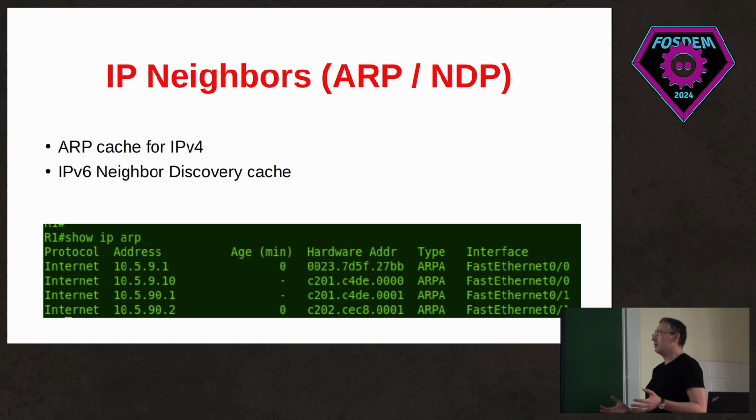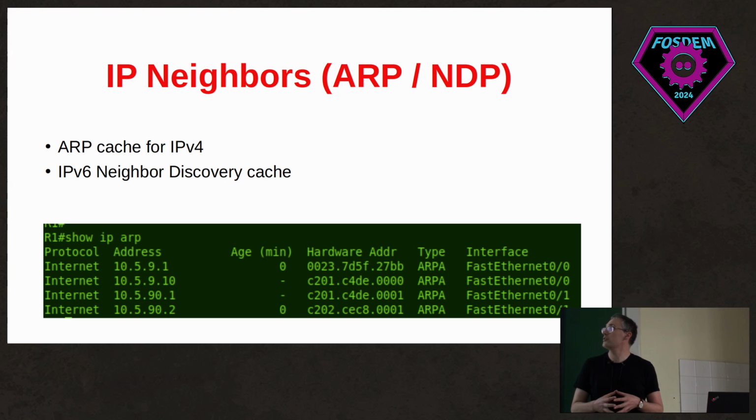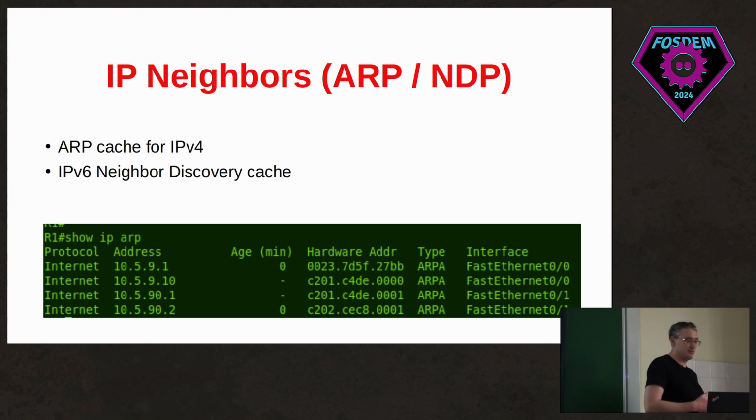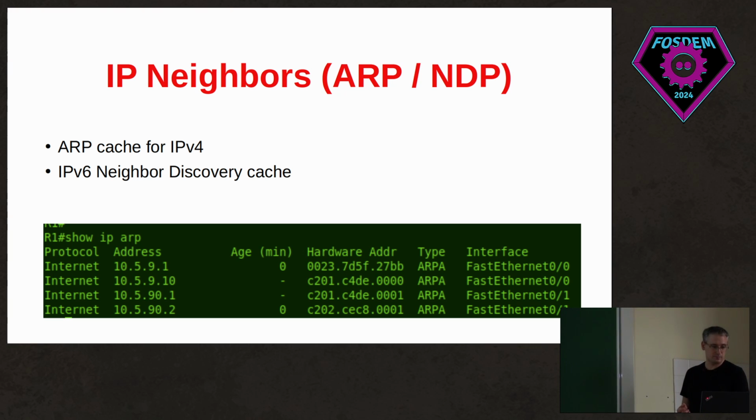For passive discovery, the main source of information is IP neighbors. That will be ARP caches on devices for IP version 4 and neighbor discovery protocol caches for IP version 6. Basically, we just read all the IP addresses mentioned in the ARP table and take them as potential targets for monitoring.